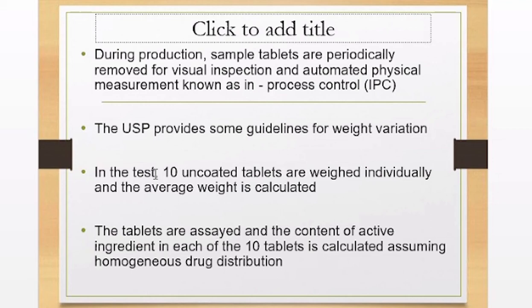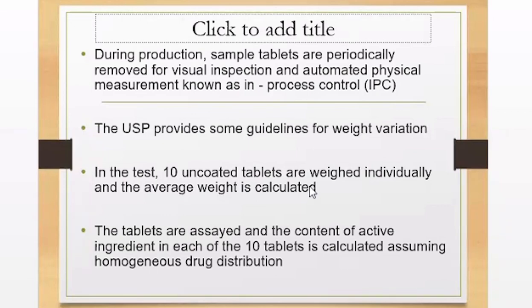So you pick the tablets one by one, go to the scale, and measure the weight of each of those tablets. When you weigh, you take note of the weight, and then after you have weighed, you find the average weight.